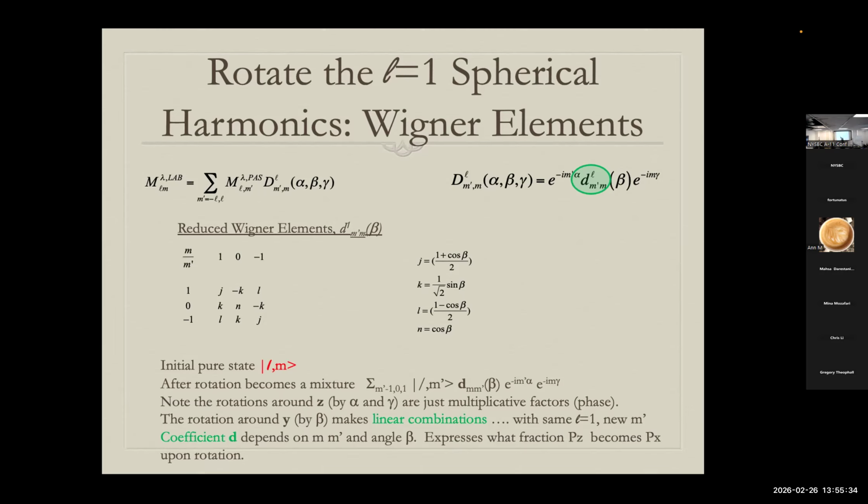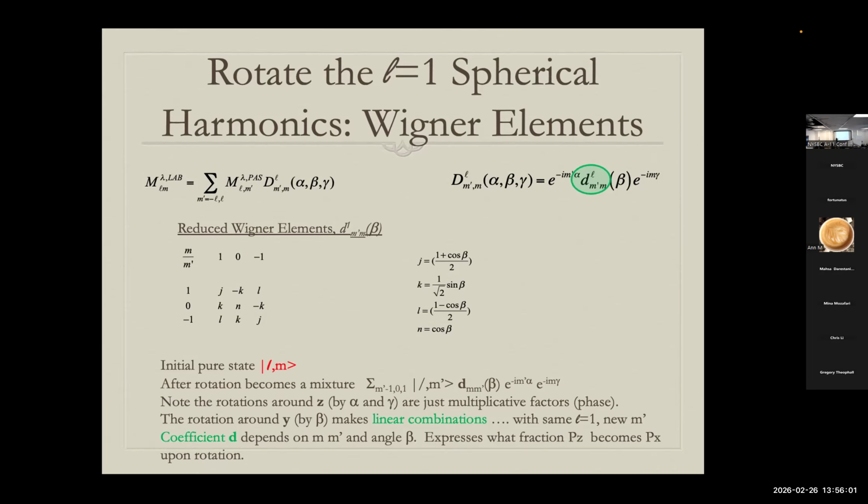Now, each of those components has an original magnitude. Maybe they were 0, maybe they were big, we don't know. And then this is something that scales them, like how much of that persists after the rotation and contributes to that particular value. So in order to fill all this in, you have to tell me both the original component you were talking about and the one that you want out in the lab.